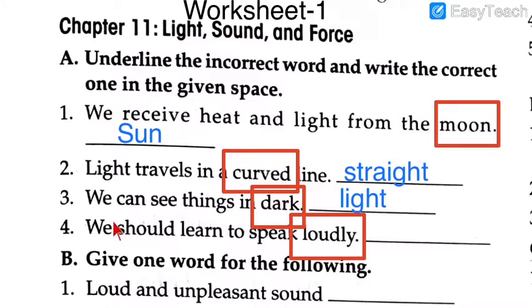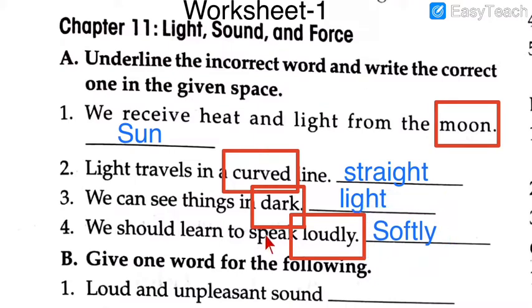So we should learn to speak dash. What is the opposite of loudly? Make sure that if you have written slowly, I will put a big cross mark, because when in the context of sound you are speaking, it should be softly.